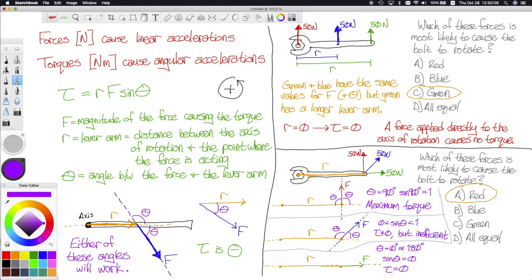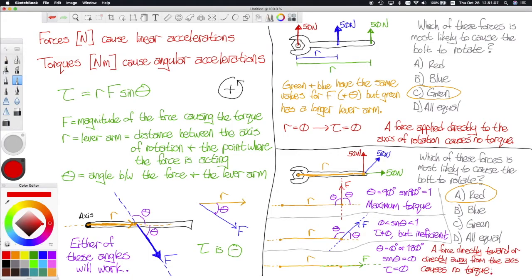And if theta is 0 or 180 degrees, that means sine of theta is 0, so the torque is also 0. And this is basically telling us that a force directed either directly toward the axis of rotation or directly away from the axis of rotation will cause no torque.